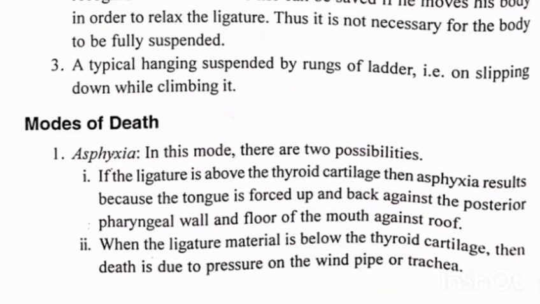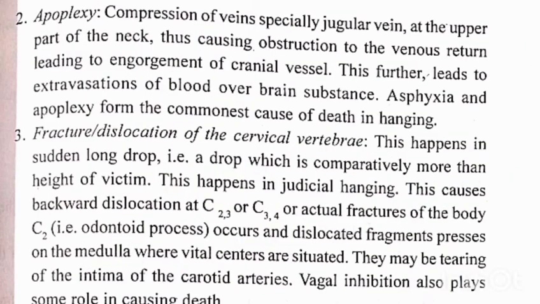But when the ligature mark is below the thyroid cartilage, death is due to pressure on the windpipe, that is the trachea. Above the thyroid cartilage the pharynx is the point of blockage; below it, death is due to trachea blockage. Then death due to apoplexy: compression of the veins, especially the jugular vein, at the upper part of the neck obstructs venous return, leading to engorgement of the cranial vessels.